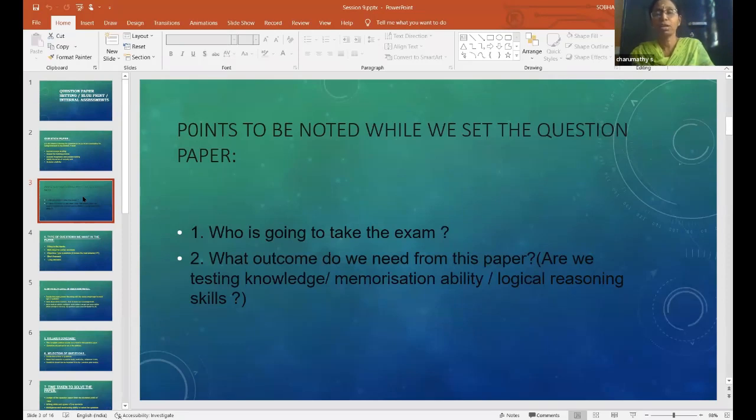So in each of the 5 questions, don't start giving subdivisions, A, B, A, B, A, B. It means you're going to give 10 questions instead of 5 questions. Actually, your point is to give only 5 questions. If you start splitting into subdivisions like A, B, then the number of questions increases, which is definitely not liked by the children, and it is also not appreciated.